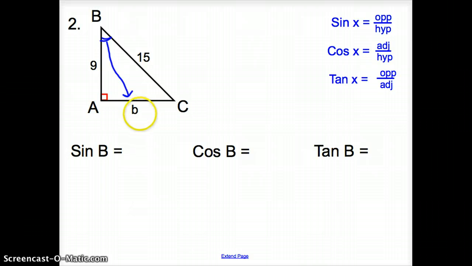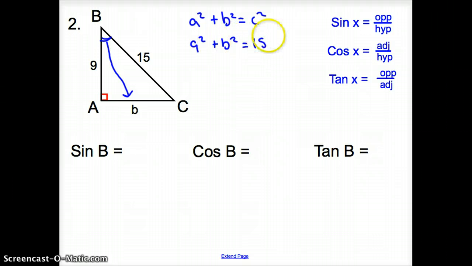Think back to 2 days ago when we covered the Pythagorean theorem. We can find that using a squared plus b squared equals c squared. So I'm going to plug my a in, which is 9 squared plus b squared equals 15 squared. Now I'm going to solve for b. It's going to be 81 plus b squared equals 225.